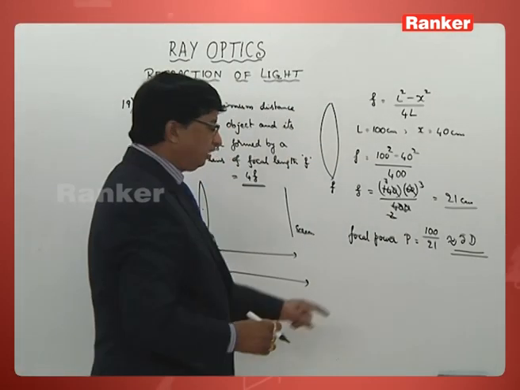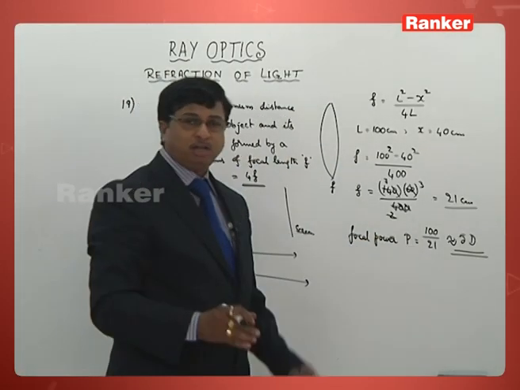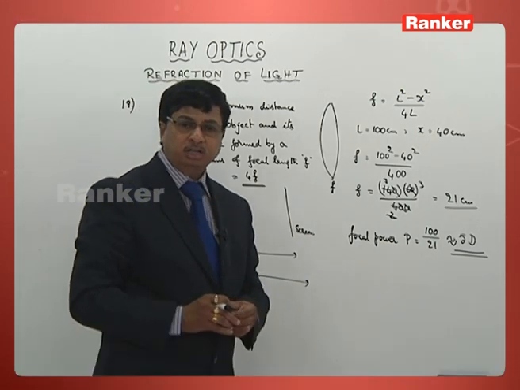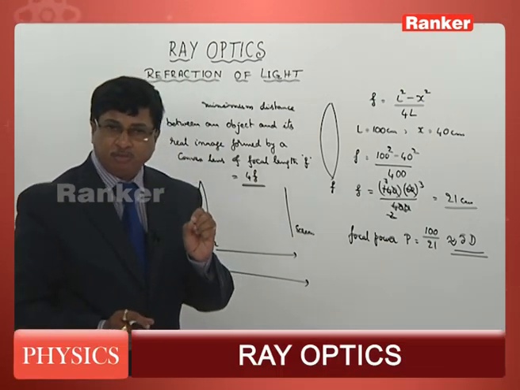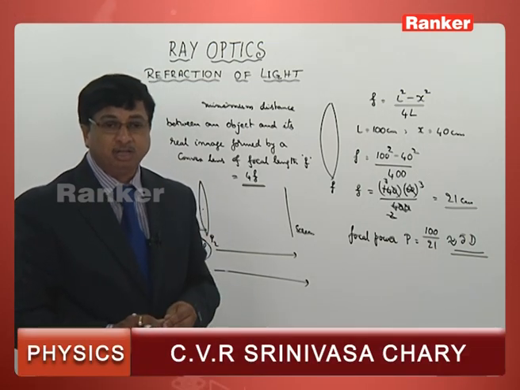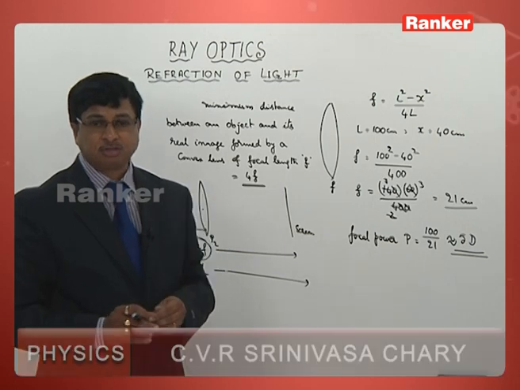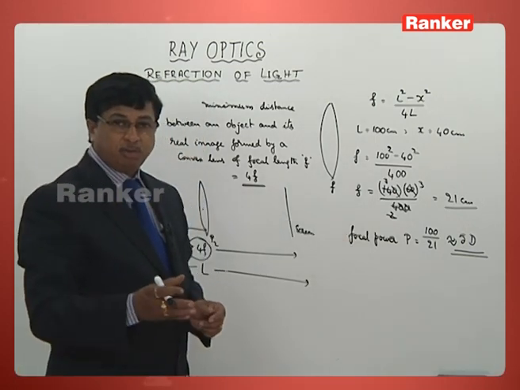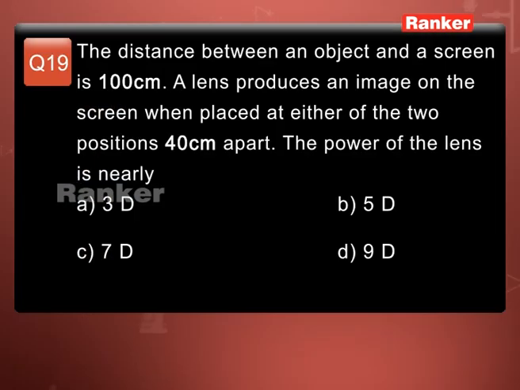Had it been exactly 20, we would have got exactly 5. It's 21 now in the denominator. Slightly less than 5 you will get, but he is asking only for the nearby answer. Nearly how much? It should be 5 diopter. 5 diopter is exactly the second option given over there. Therefore, the answer for this one will be B.